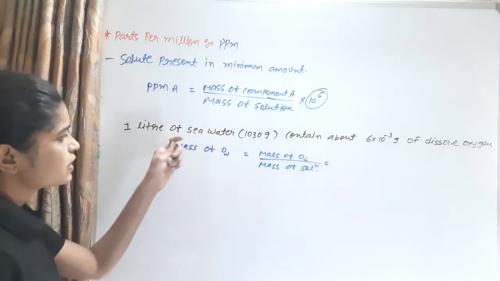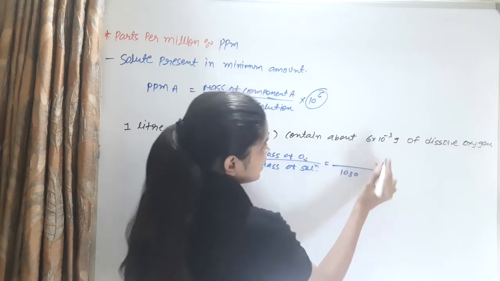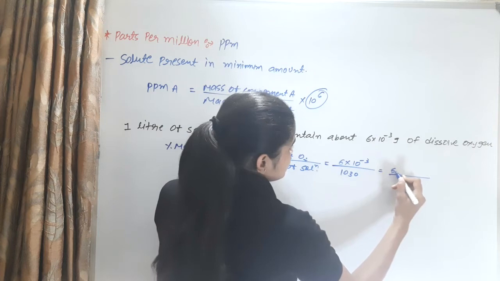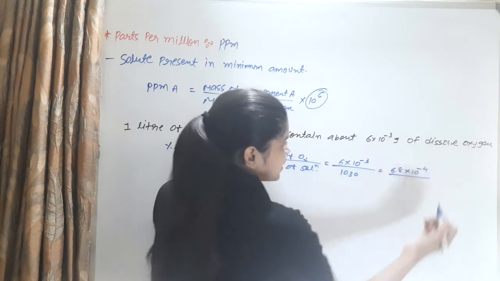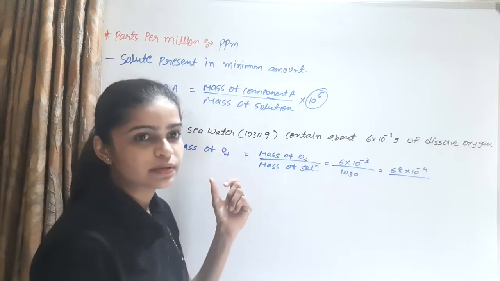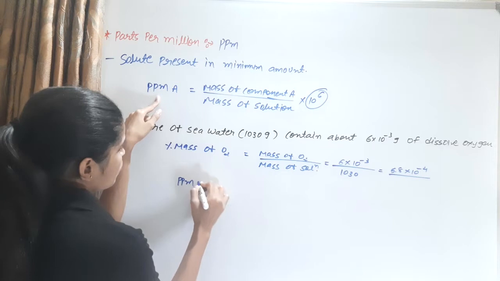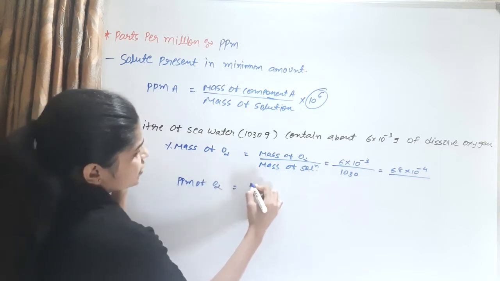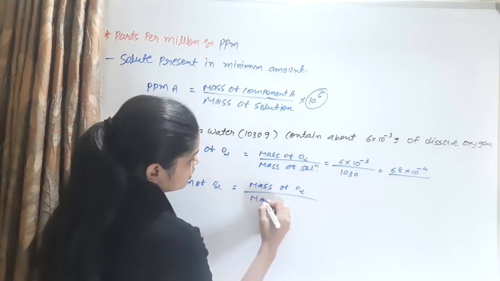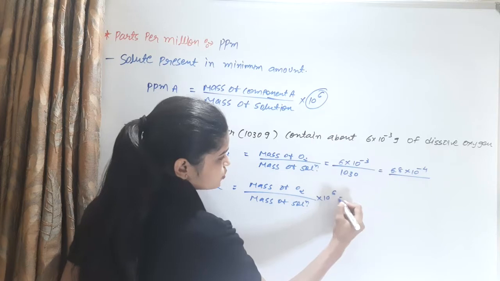The mass of solution is 1030 gram and this is 6 into 10 raised to minus 3. So it gives the 5.8 into 10 raised to minus 4 value. This term is the percentage mass of oxygen. Whereas now we find out the ppm. So ppm of oxygen is equal to mass of oxygen upon mass of solution multiplied with 10 raised to 6.